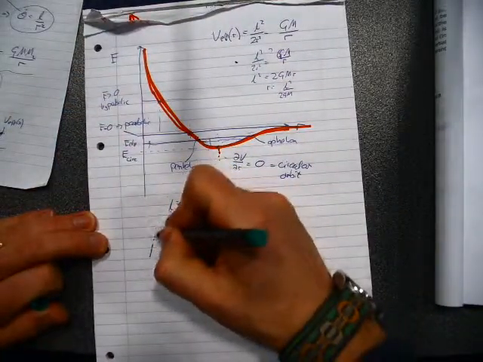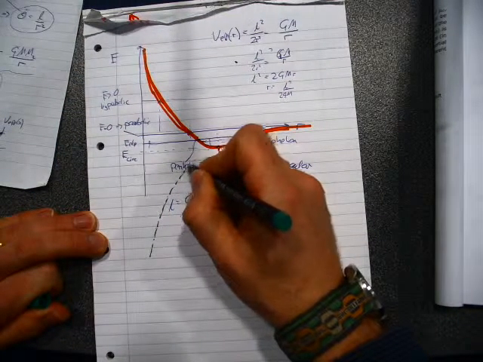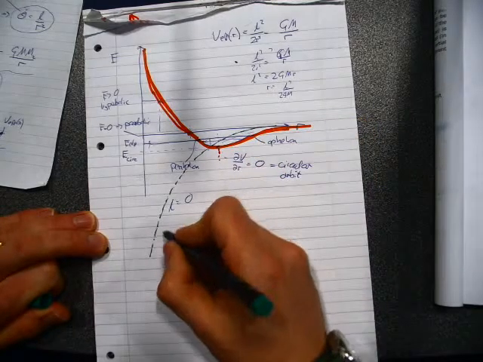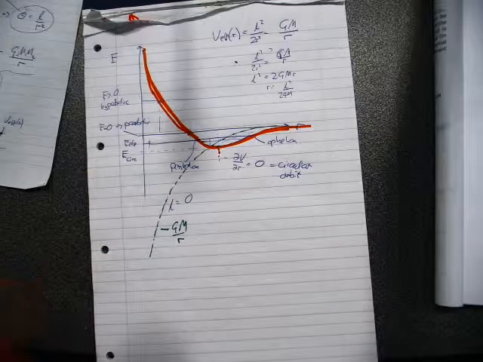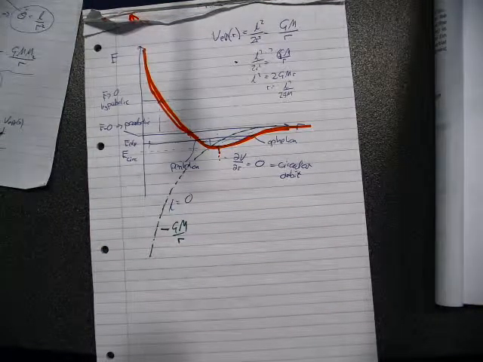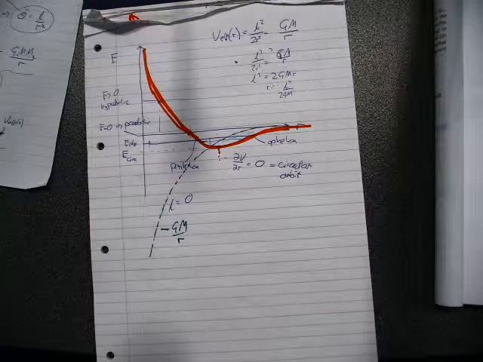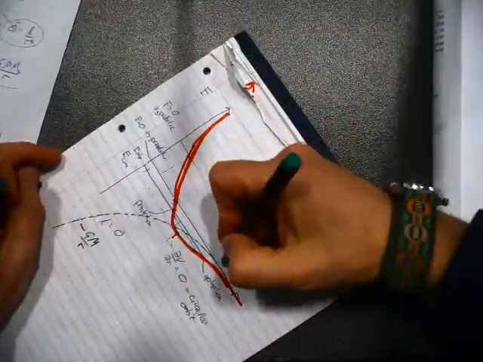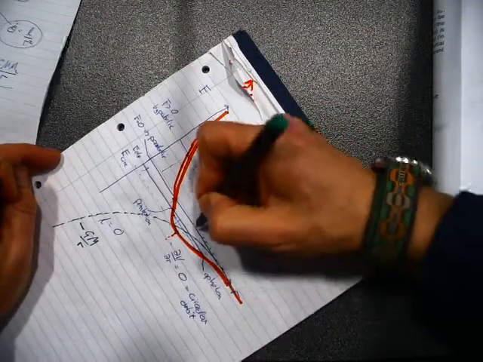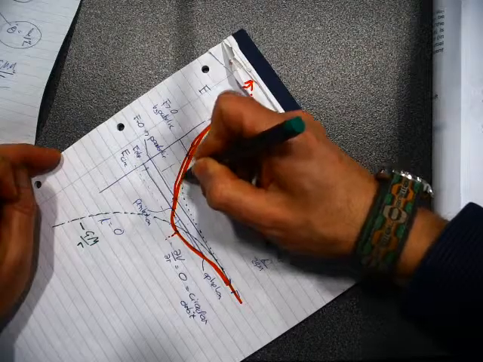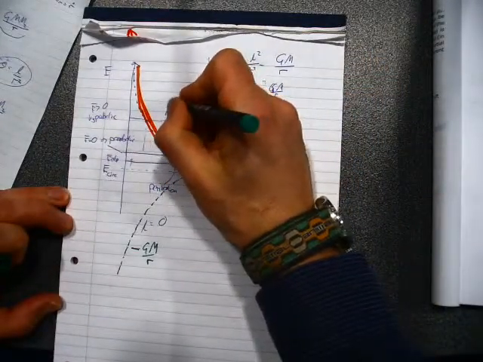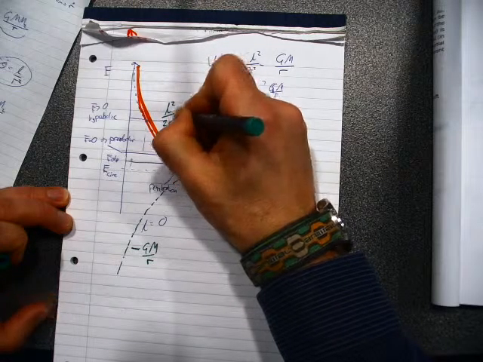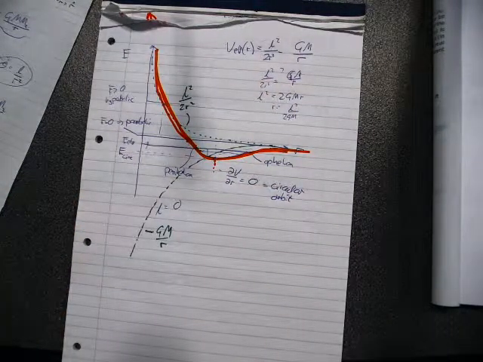This thing here is basically our minus GM over R term, which is the gravitational attraction, the well that's always pulling them together. But we've also got on there this term here, which is L squared over 2R squared, which basically comes from the conservation of angular momentum.